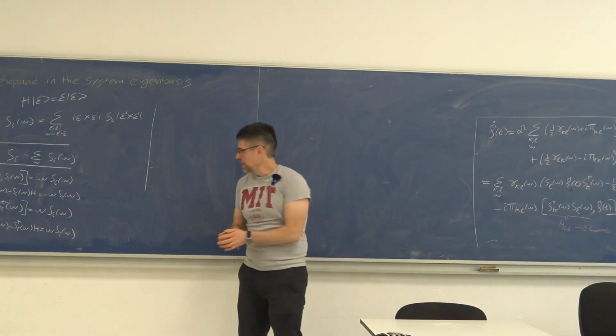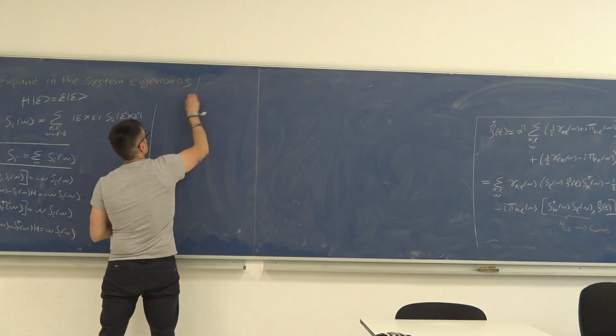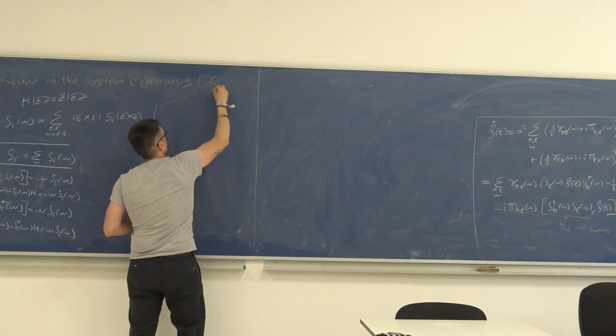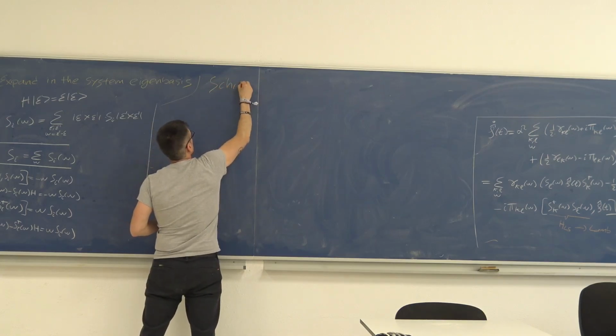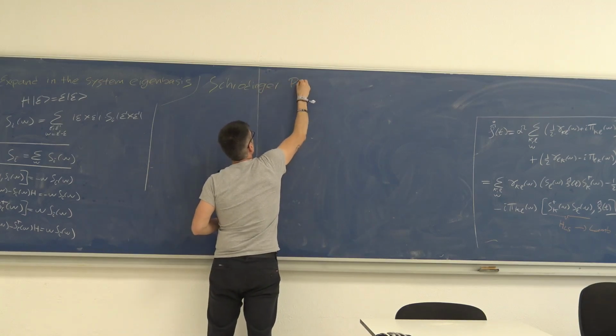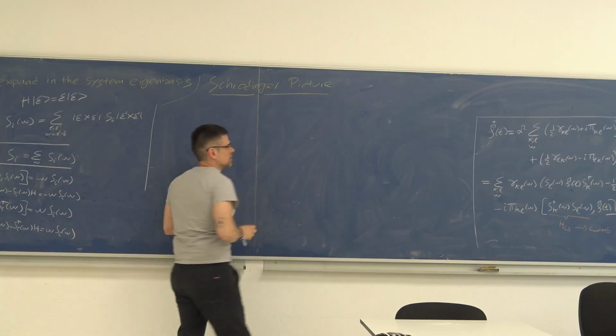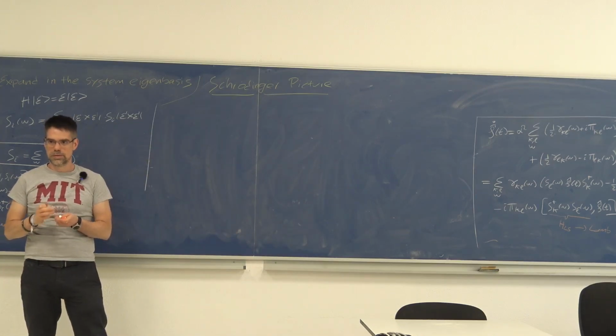So we basically have to undo it. The next step is to go back to the Schrödinger picture, and you will see that it's quite simple.